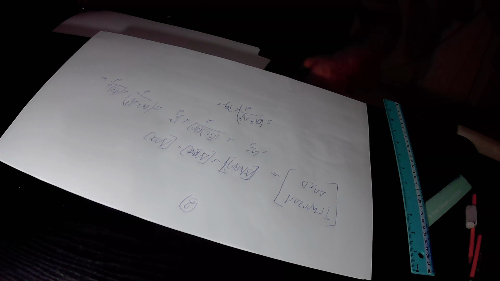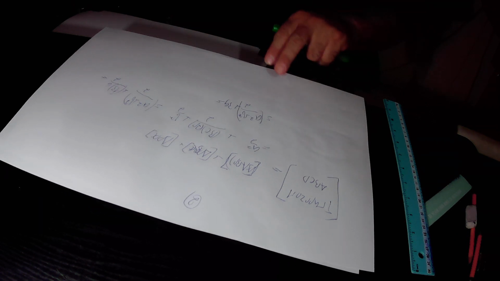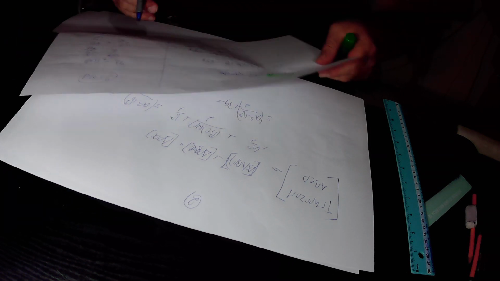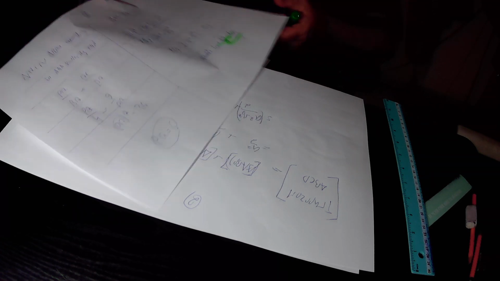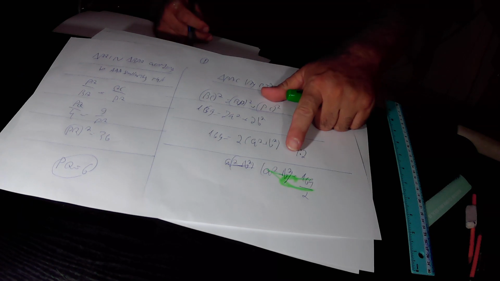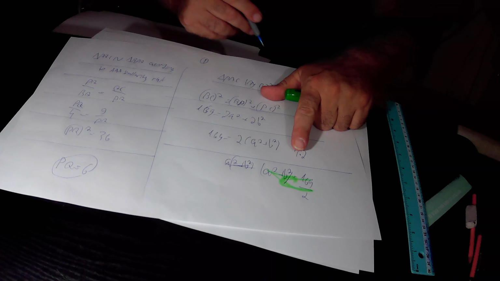But we already found out that A squared plus B squared equals 169 over 2.